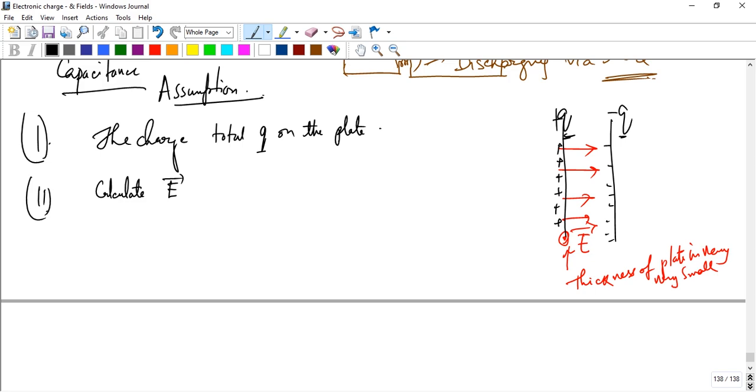Sometimes I say the field, and it means the electric field. Third assumption: how to calculate the electric field? Calculate E with the help of Gauss's law.